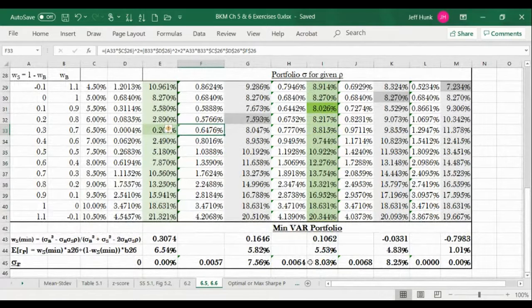These are the minimum variance conditions, weight, and the portfolio return and standard deviation and so on.